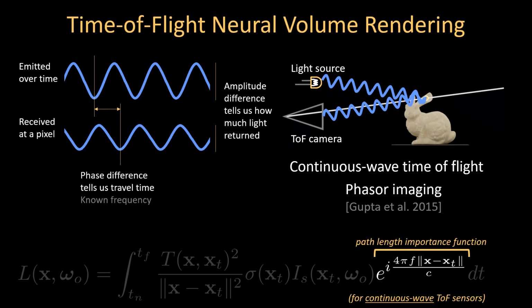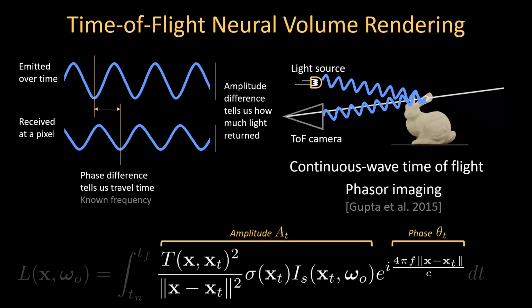And so we can represent this modulating function in this particular form, where the phase that gets returned will be based on the distance, the frequency, and the speed of light. So this determines what our phase will be based on what is in the volume. And all of this part tells us what the amplitude will be, because all of this just relates to how much of the light is coming back.